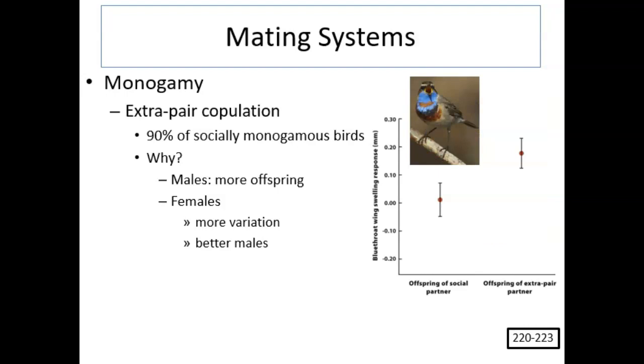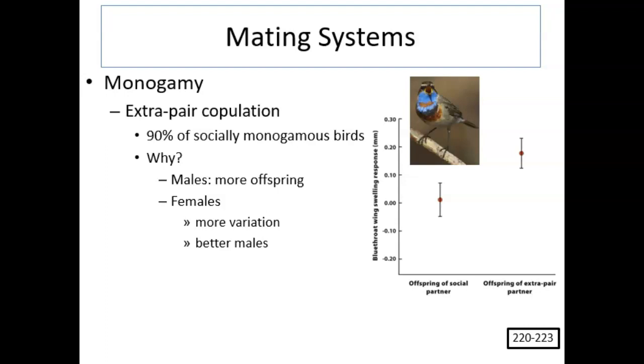They found that the immune response, represented on the y-axis here, of the offspring was higher when the female engaged in an extra pair copulation, when the offspring were fathered by a male that she wasn't bonded to. In other words, there was a benefit to the female to mate with males that were not the one that she was socially connected to. She got higher quality offspring by doing so.